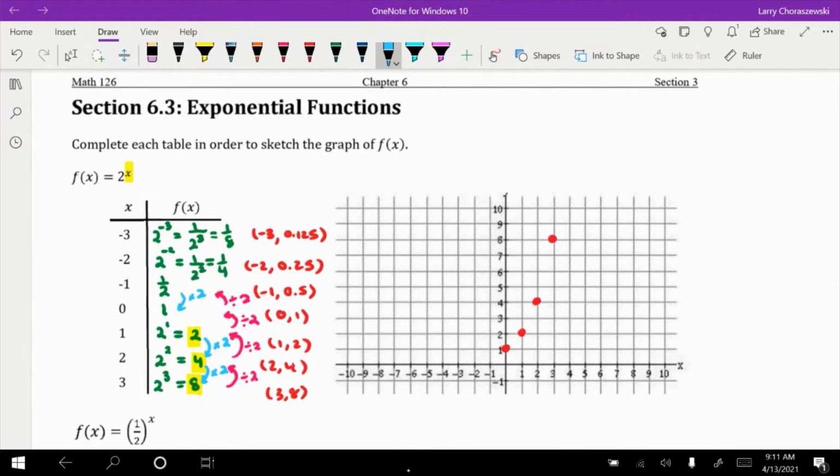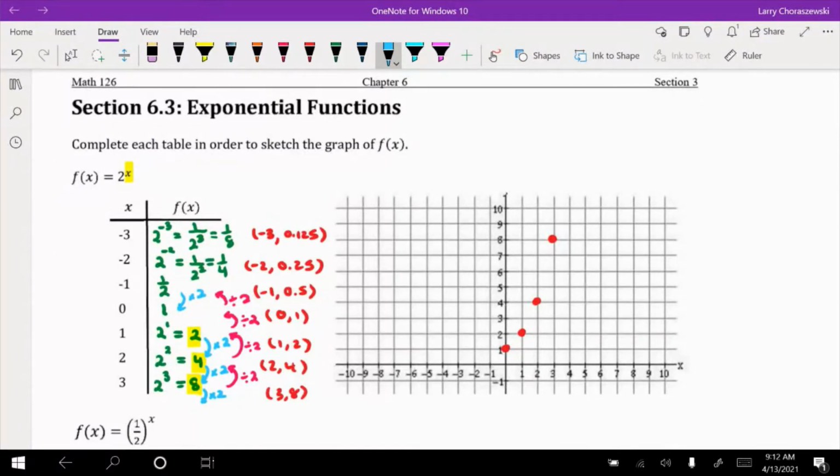So if we used 4, we would do 2 to the 4th power, or you could continue the pattern of multiplication by 2 to do 8 times 2, which would give us 16. And I didn't include 4 because we would be off the map with that.